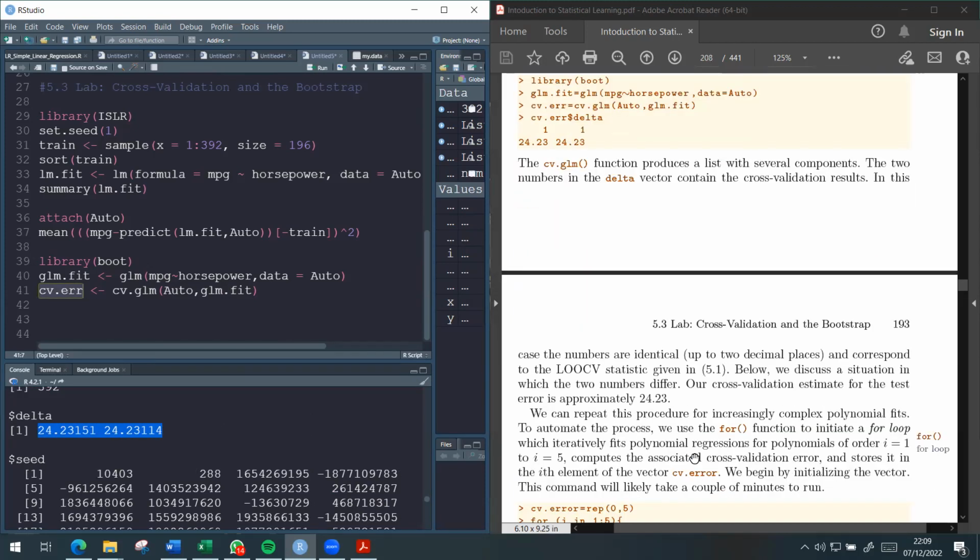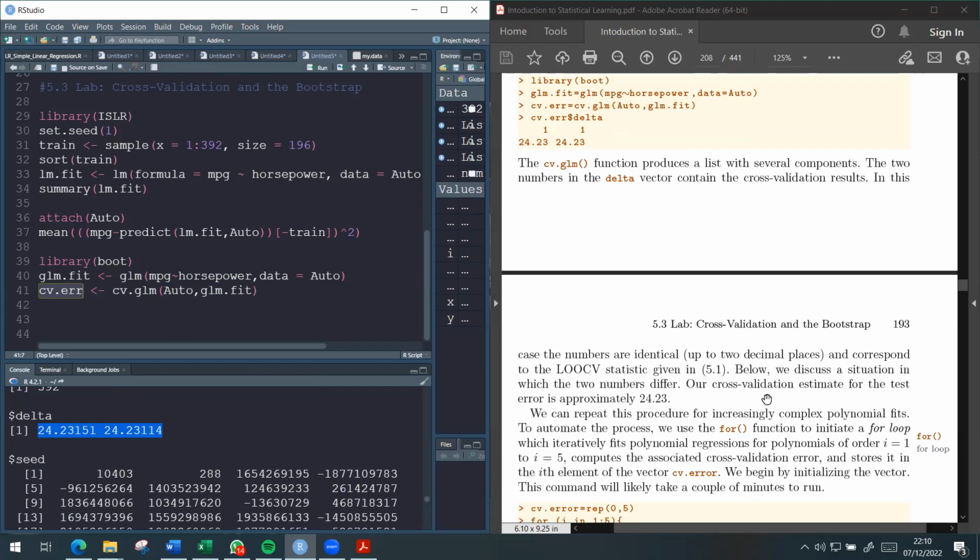So let's see. Why are there two of them? Or are they meant to be the same value? Not entirely sure.